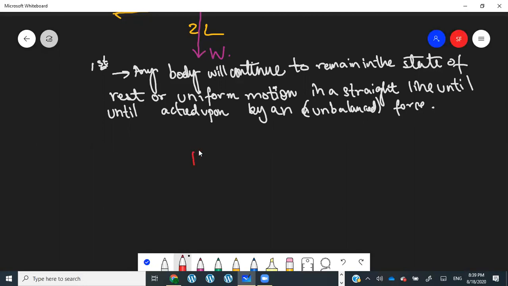So if a body is at rest, it will stay at rest. Its velocity will stay zero until you apply a force on it to change its state.